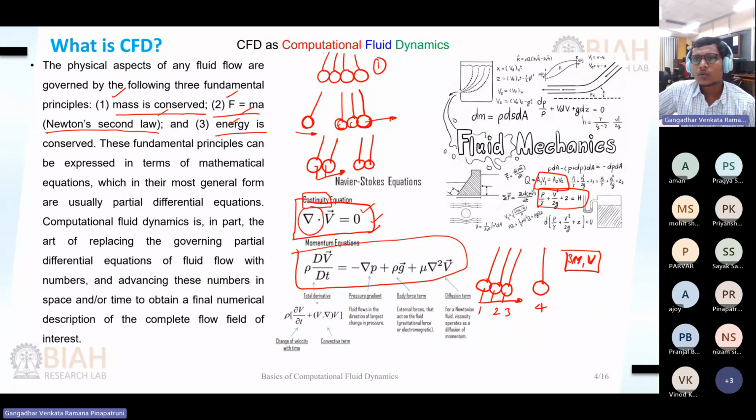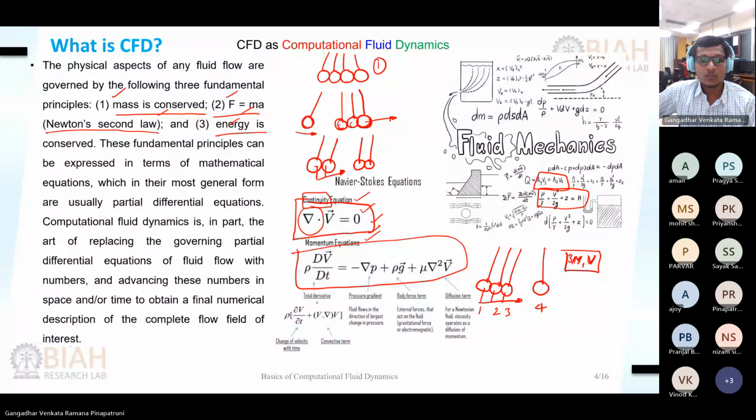So you can see there are many equations from your fundamental fluid mechanics, and they originate purely from the mass conservation equation, the momentum conservation equation, and the energy conservation equation. You should be very aware of these three to understand computational fluid dynamics. Whatever simulation you do in computational fluid dynamics should obey these laws.